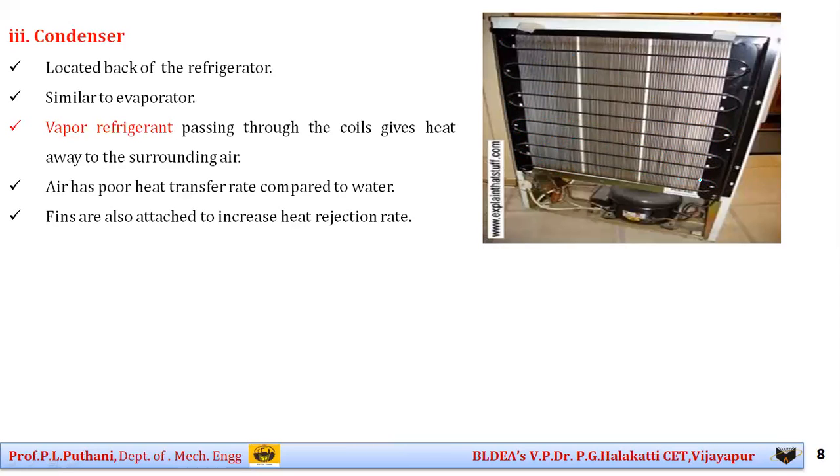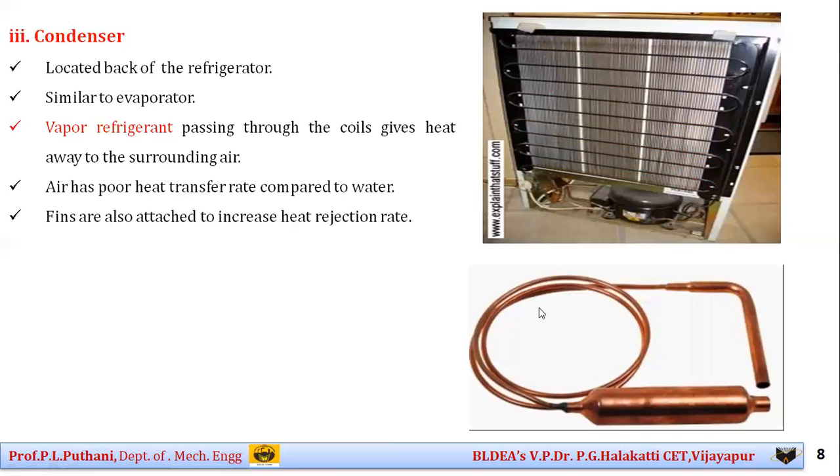liquid phase with a drop in temperature, but the pressure is still in the higher condition itself. Now the next part is the throttling valve, which you also call the expansion device. If you see this carefully, it is a copper tube structure.